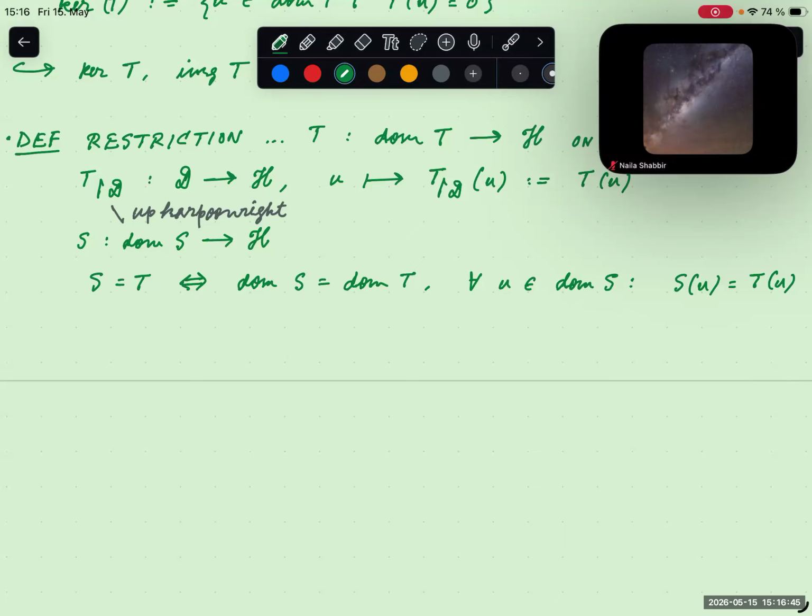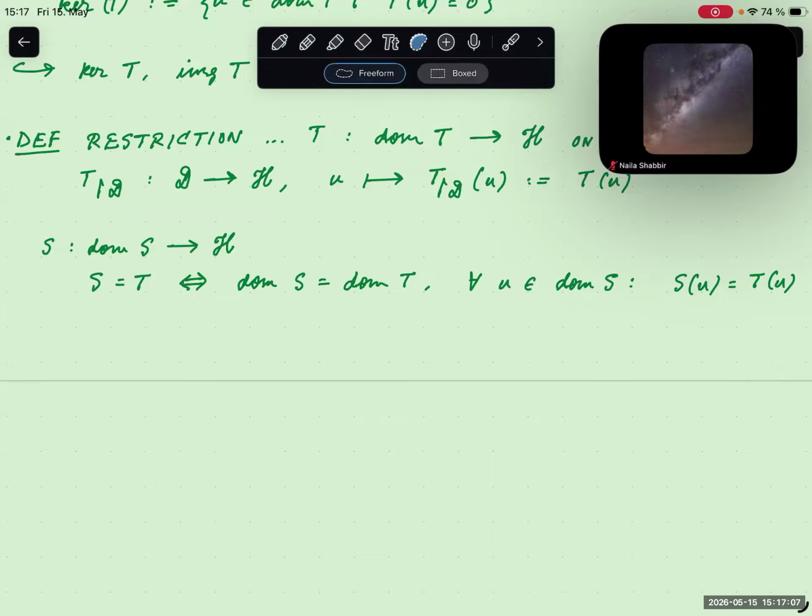Now we go for extension. So we call T an extension of S if, first the notation, S, with this symbol.